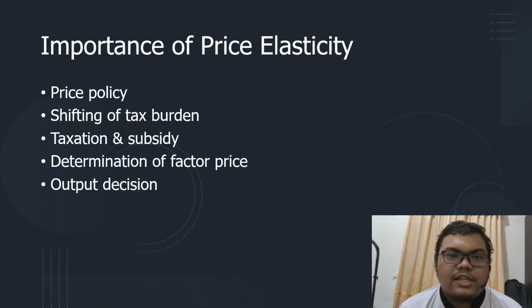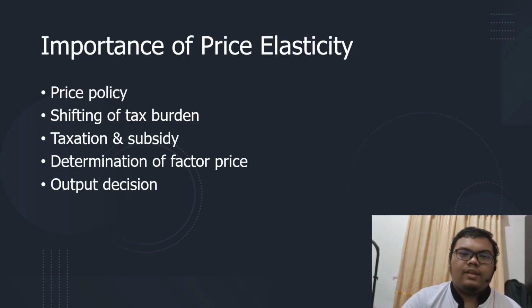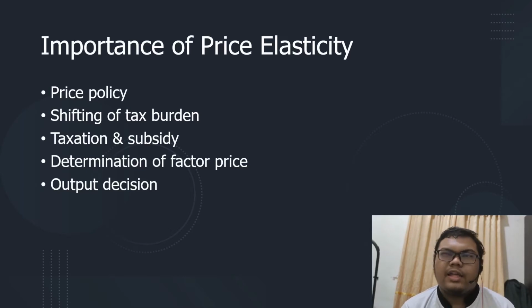Next, we have taxation and subsidy, where the government can impose higher tax or lower tax. For supply, we have housing supply, commodity price, and last but not least, government intervention in markets.